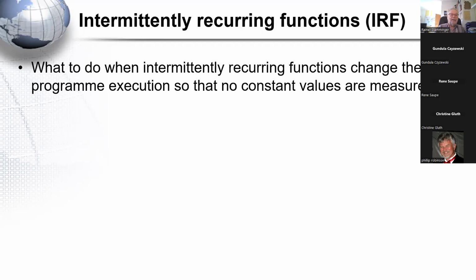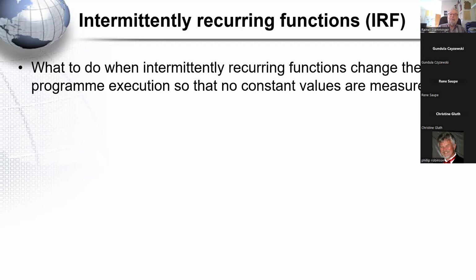So they are not constant functions which always happen during a program execution, but they happen from time to time. And if these functions are happening, then the program execution is changed. And this can affect the water consumption, energy consumption, program duration, or whatsoever.